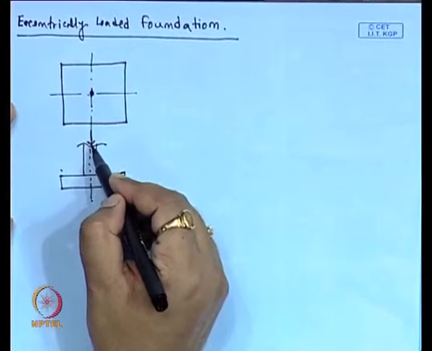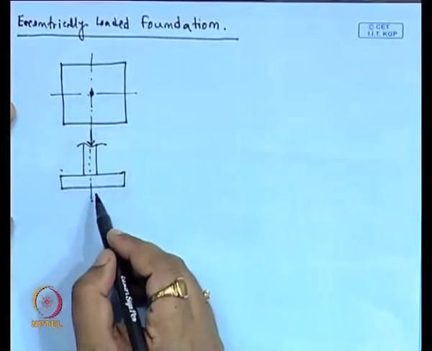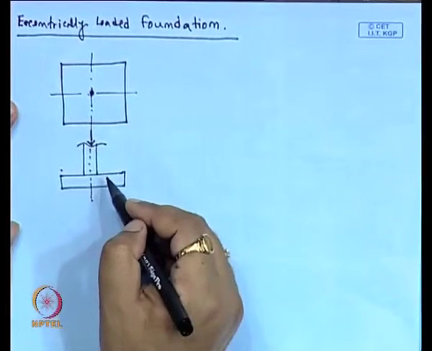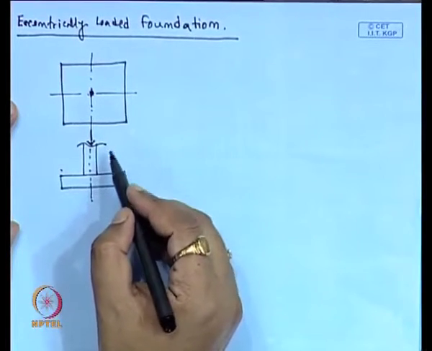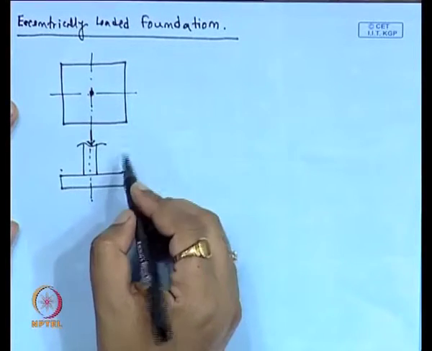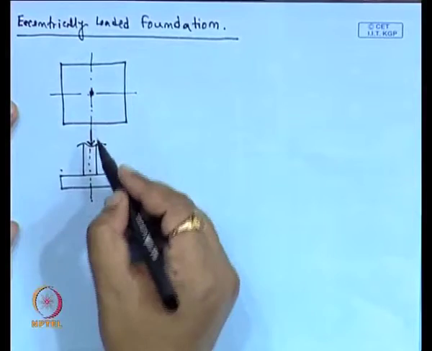In this case the previous formula we can apply, but if there is any moment, or if the loading is eccentric, then how to calculate the bearing capacity of the foundation, that we can discuss in this section.